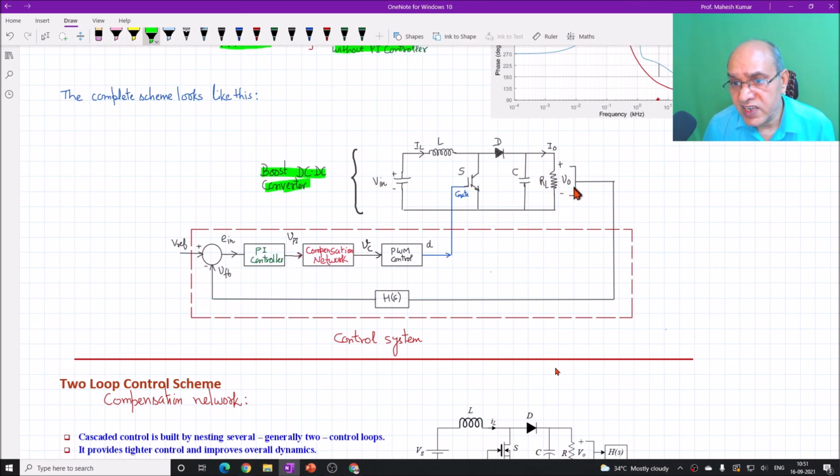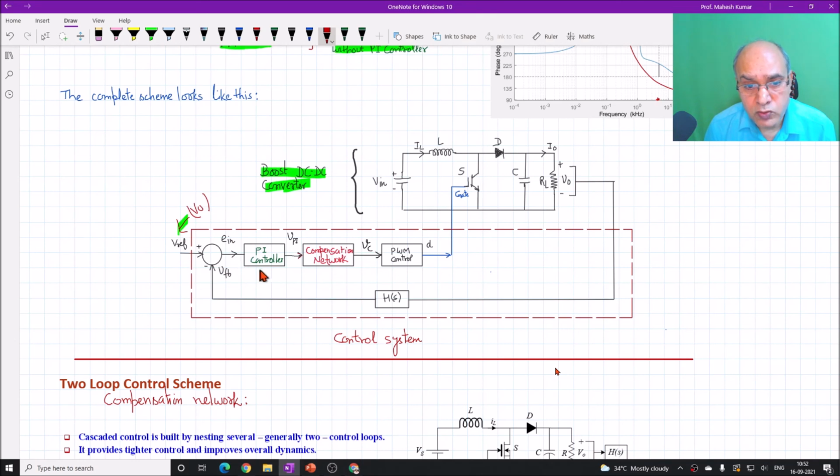So this voltage V0 is being sensed using a Hall effect voltage transducer or any voltage sensor. This goes back as the feedback signal to the control block input as a negative feedback. V reference is compared with this feedback signal. V reference maps to V0 at the signal level.